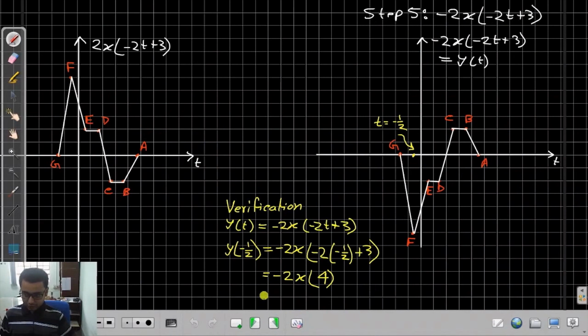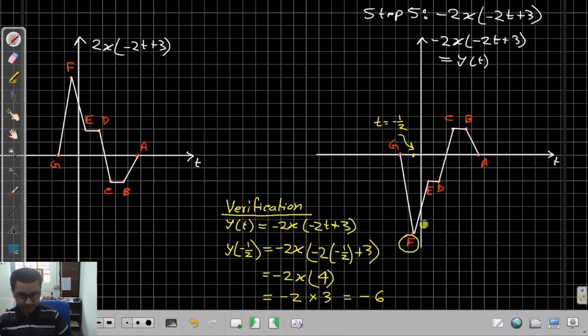So this is equal to minus 2 into 3, which is same as minus 6. So the height amplitude here should be minus 6. 1, 2, 3, 4, 5, 6. Yes. So we are correct. And you also see that this point is labeled as F. So this verification tells that we did not make any mistake in this calculation.